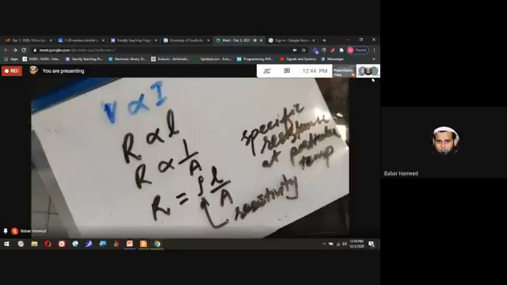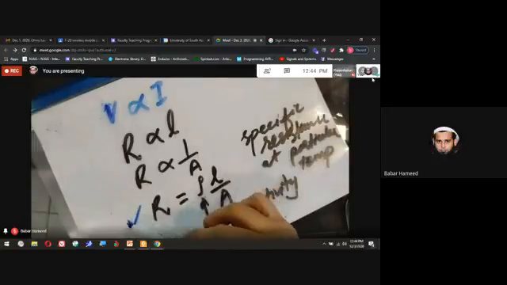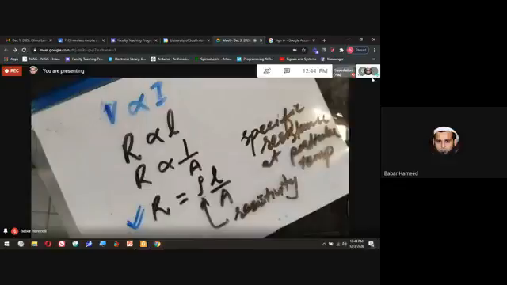And Ohm's law is saying that current is directly proportional to potential difference, given that its physical properties remain the same. It means if resistance remains unchanged, current will increase when the voltage across that resistance increases, and current will decrease when the voltage across that resistance decreases.